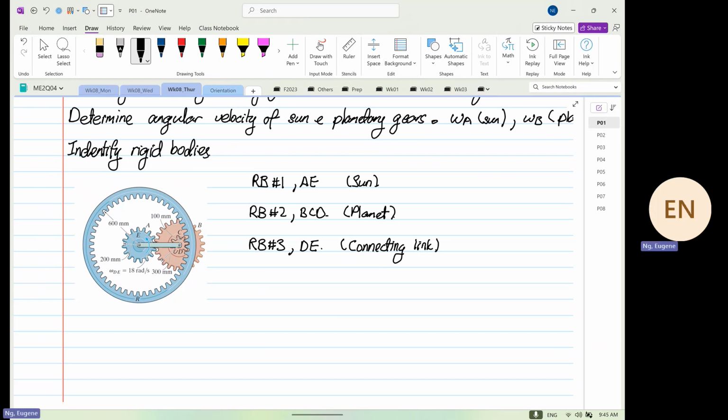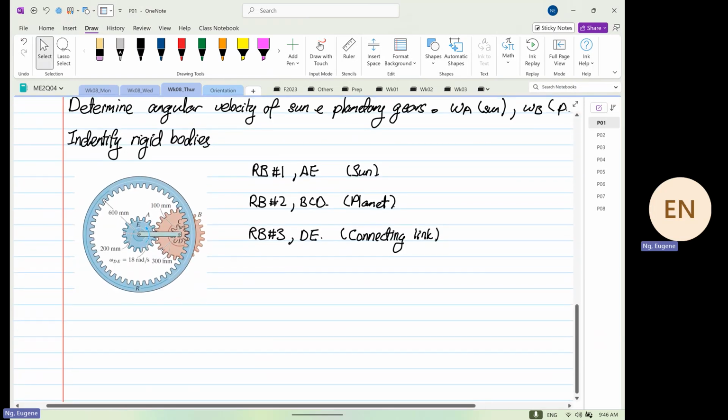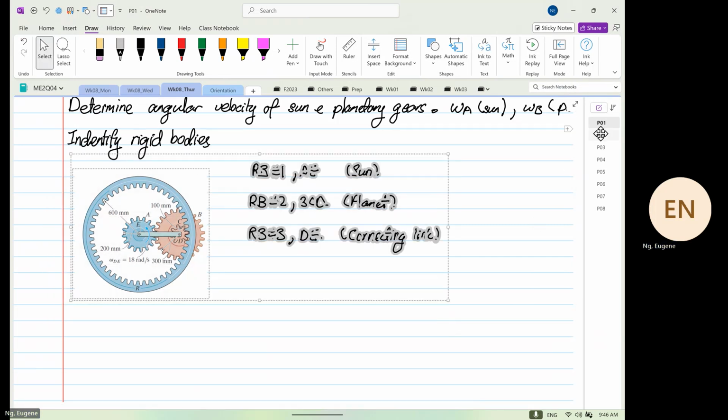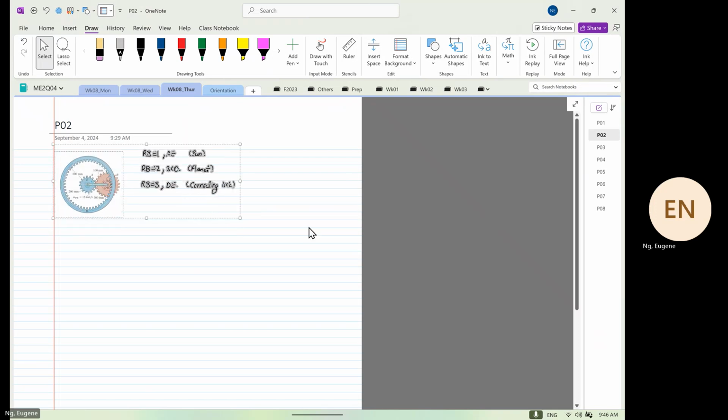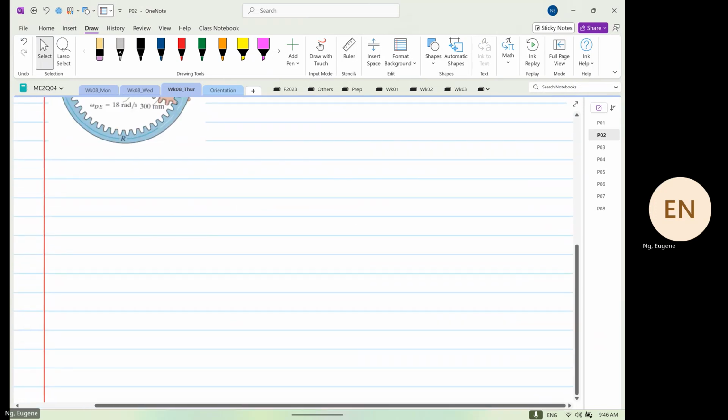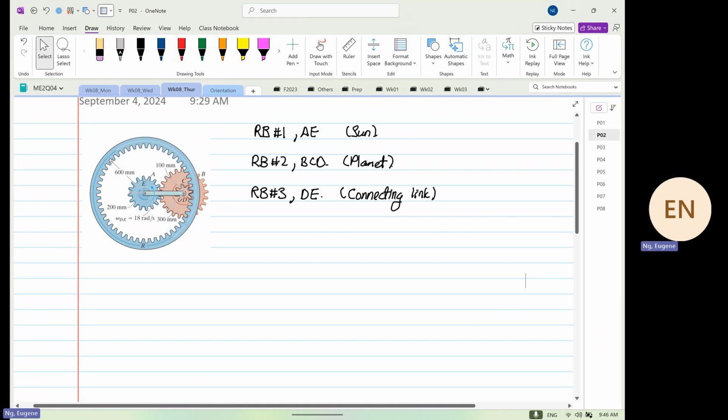So the first thing we are going to focus on, if I have enough space, I'm going to start on a new page. Don't worry, I will get this whole diagram across. So we are going to focus on member DE first.